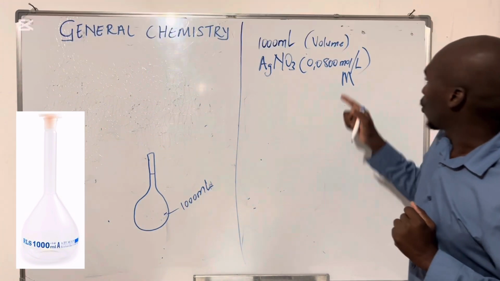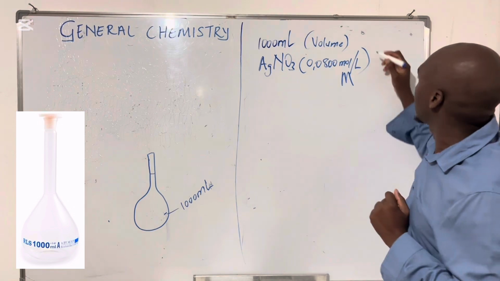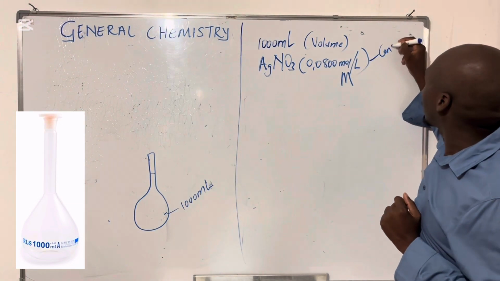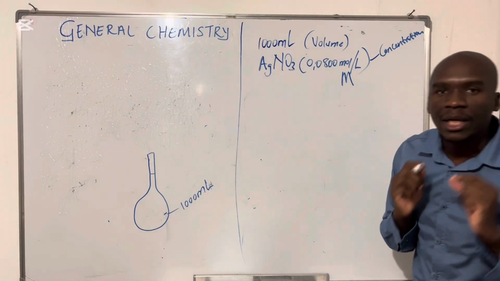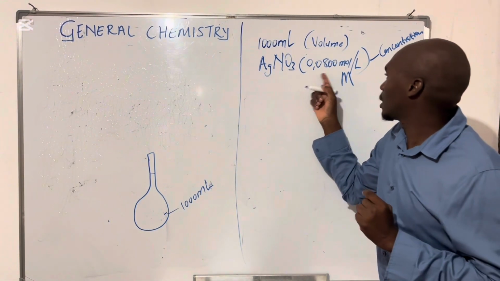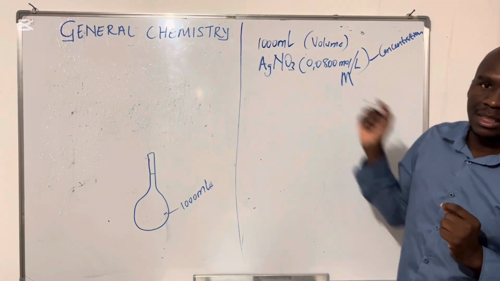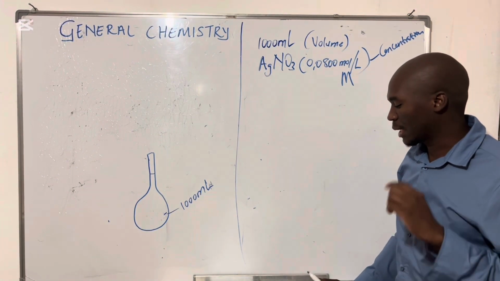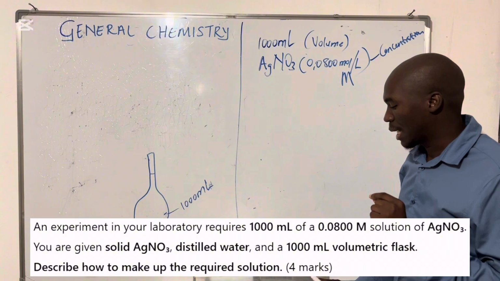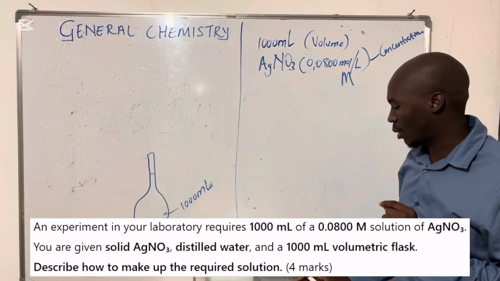So what is this? This is concentration. We are required to prepare this concentration of this compound. So how do we go about it? Let's read the question. Describe how to make up the required solution.